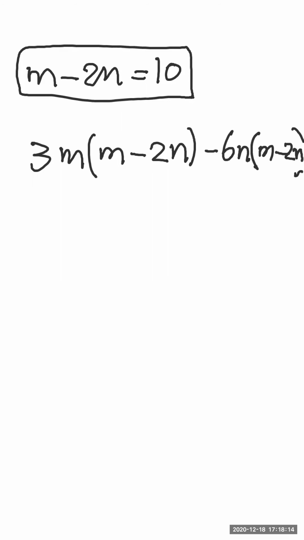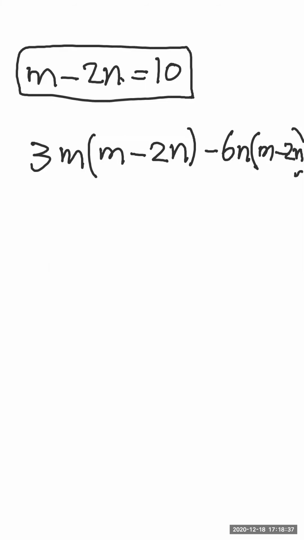Just one second, I will clear this and write it again. m minus 2n equals 10. I want to get the numerical value for this one.